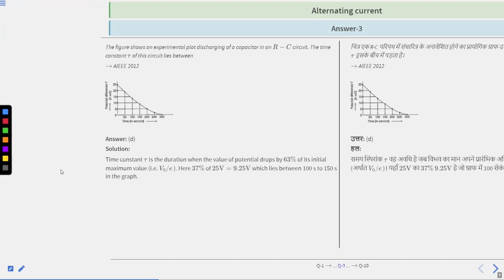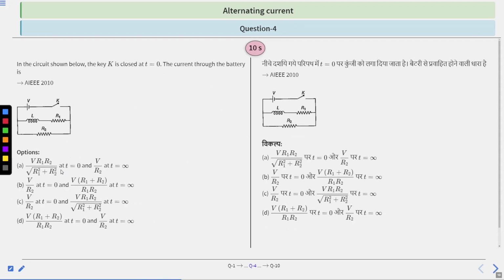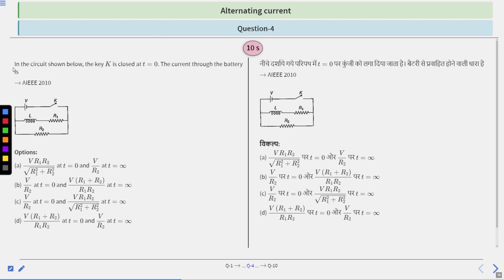Next question. Question 4. The question is: in the circuit shown below, the key K is closed at t equal to 0. The current through the battery is what?